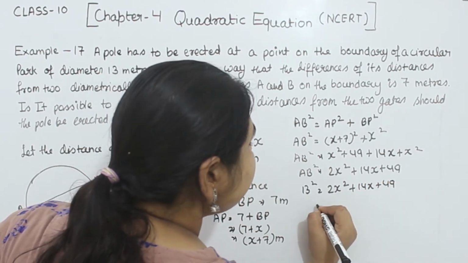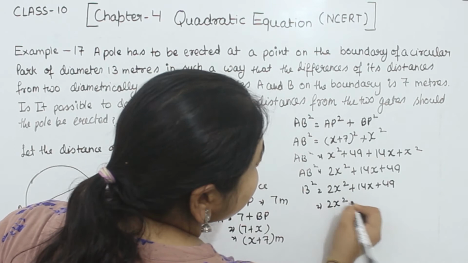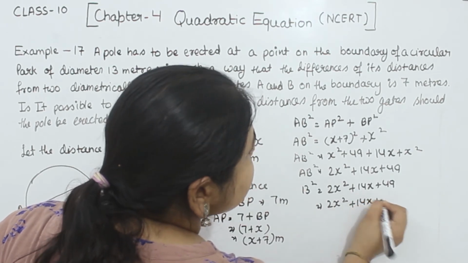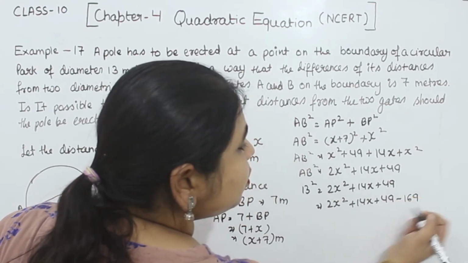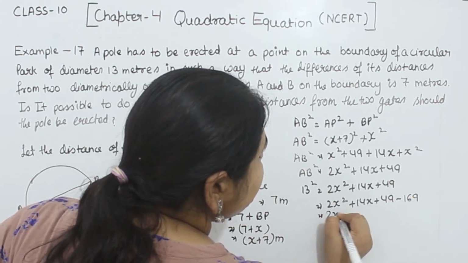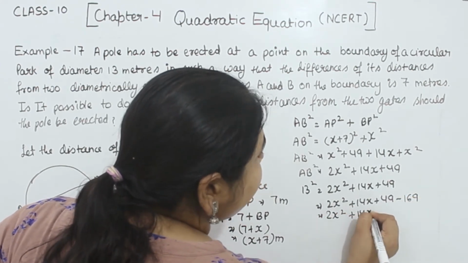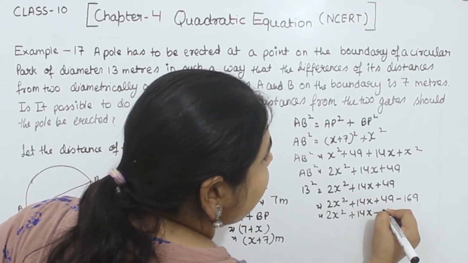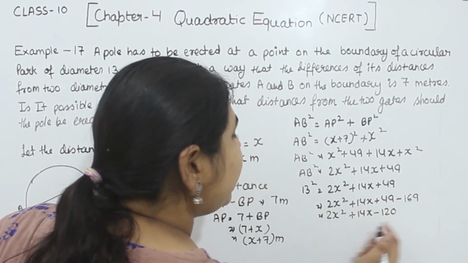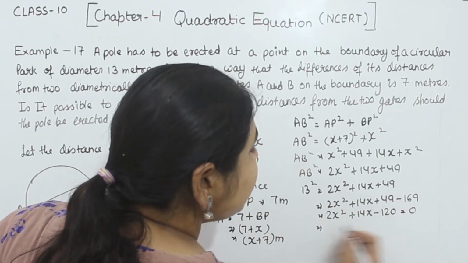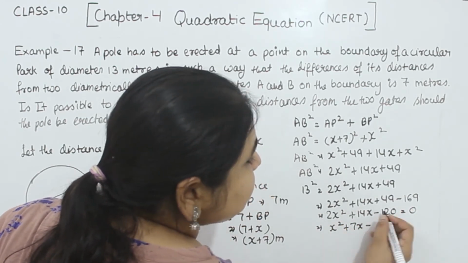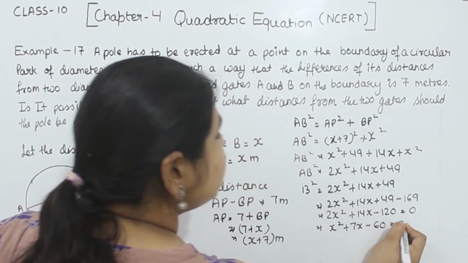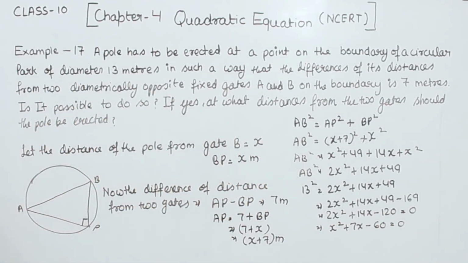Transposing, we have 2x square plus 14x plus 49 minus 169 equals 0, so 2x square plus 14x minus 120 equals 0. Taking 2 common, we get x square plus 7x minus 60 equals 0.